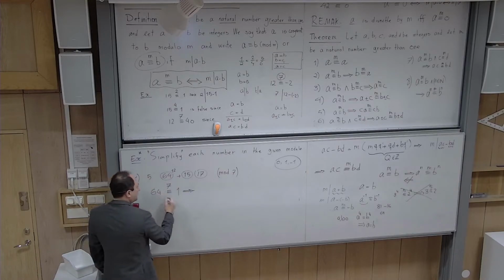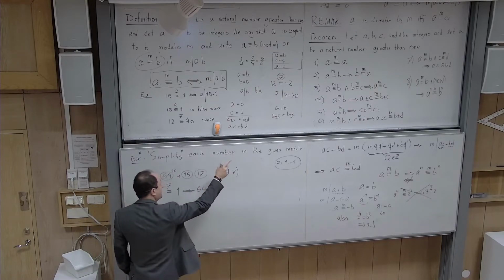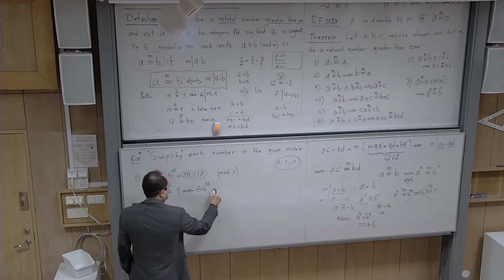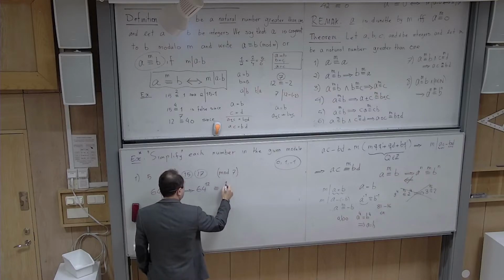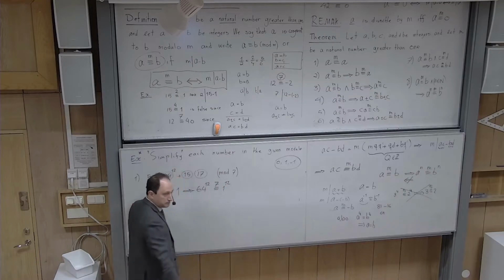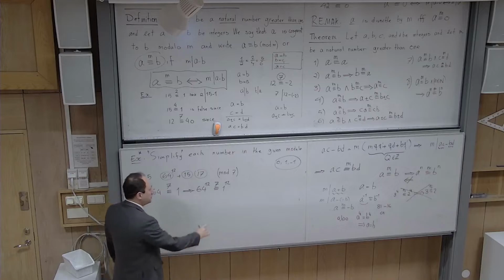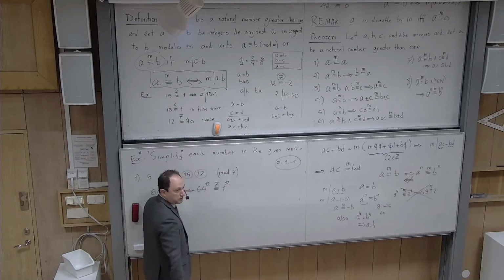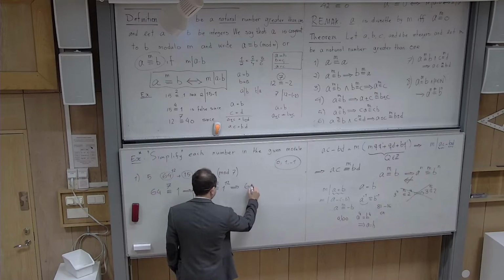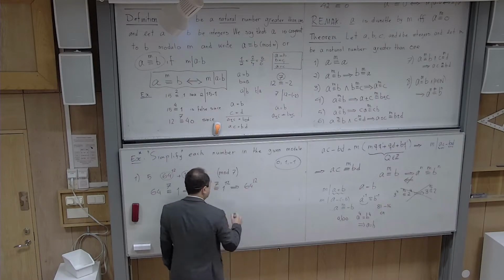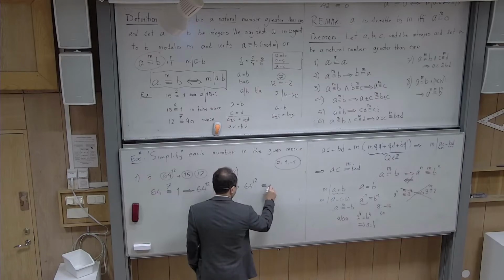When I raise this to power 12, according to the last part of the theorem, this remains valid if I raise the right-hand side to power 12 as well. Everyone instantly knows what 1 to power 12 is, which is 1. So this means that 64 to power 12 is congruent to a very, very small number, 1, modulo 7.